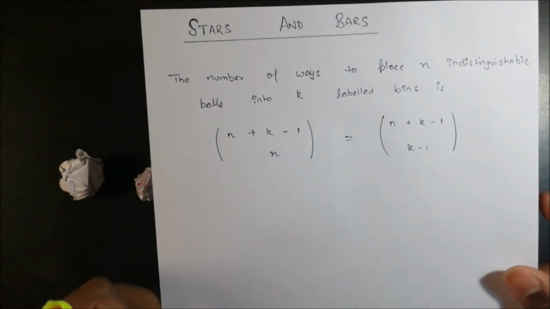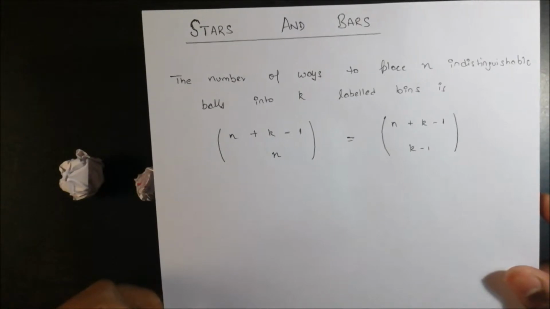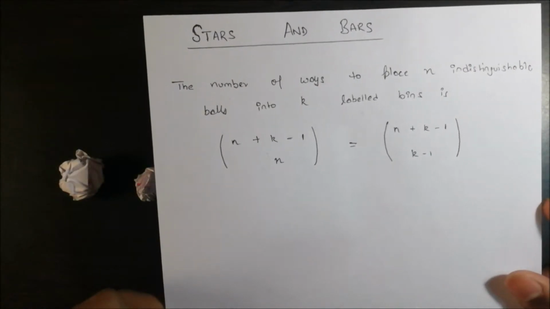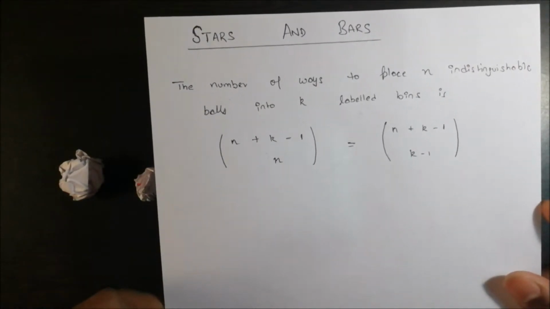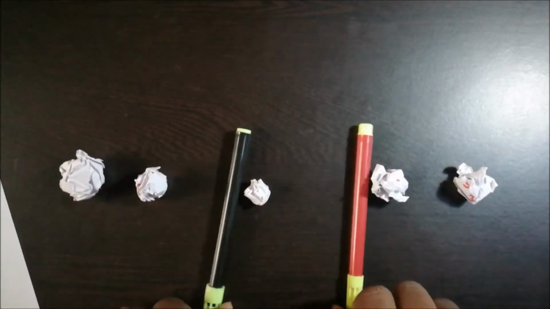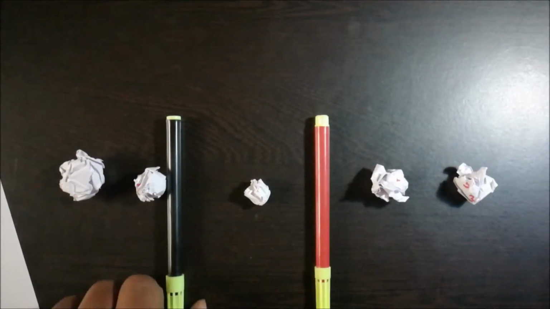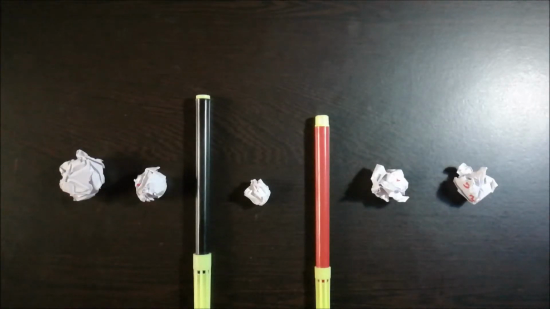this, and in this formula n is the number of stars, k is the number of people or partitions or bins, and k minus 1 is obviously the number of bars, right? If I keep these 2 pens here, then how many different objects are there on the table?